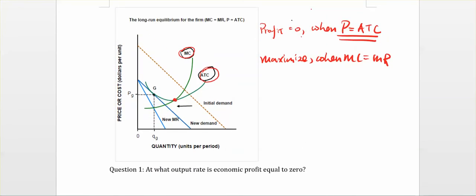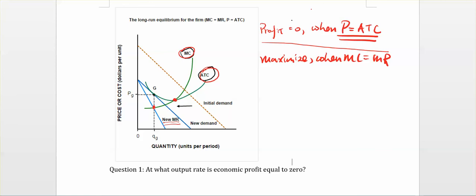We just mentioned if the profit equals 0, we should have price equal to average total cost. So obviously, what we should find is where marginal cost equals marginal revenue. We can find here is our marginal revenue equal to marginal cost, and we got this point.